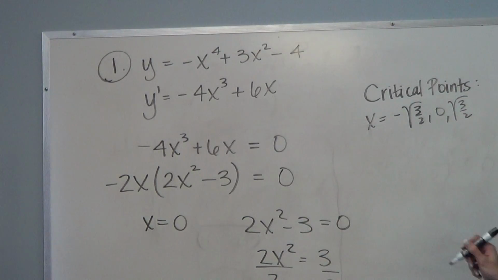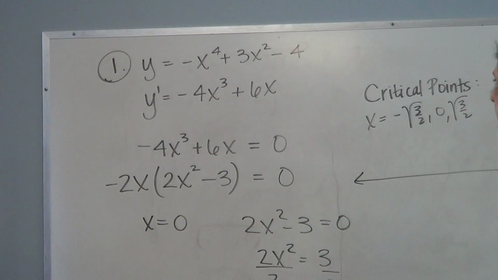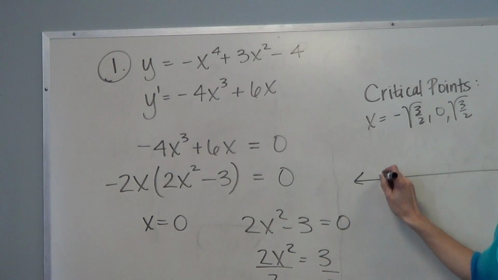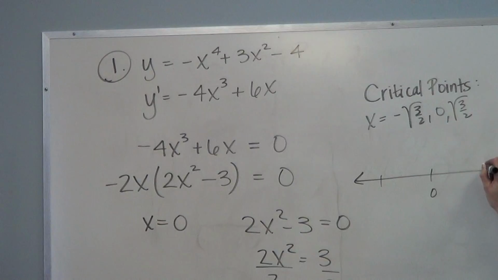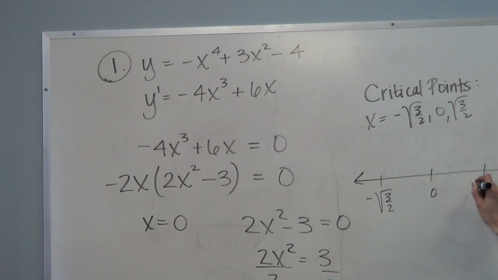So, I was debating showing you this earlier, so let's just do it now. I've sort of done it with you before, but we'll put them on a number line, just in the order that they come on a number line. And then we have to determine if the derivative would be positive or negative in each of these intervals.